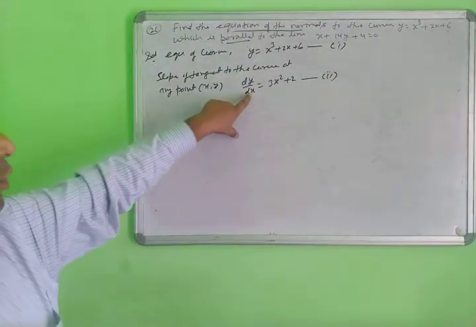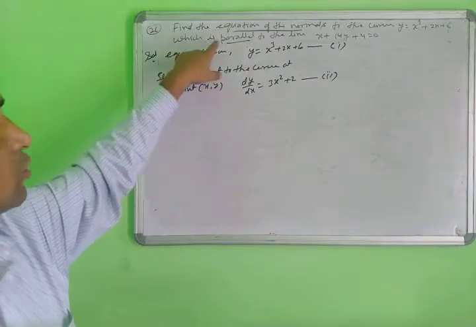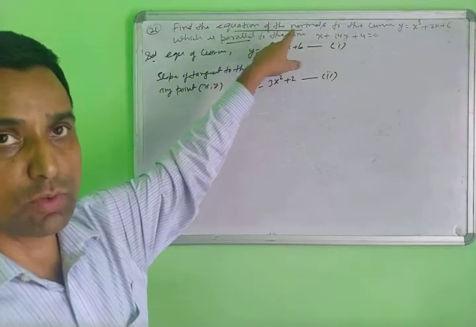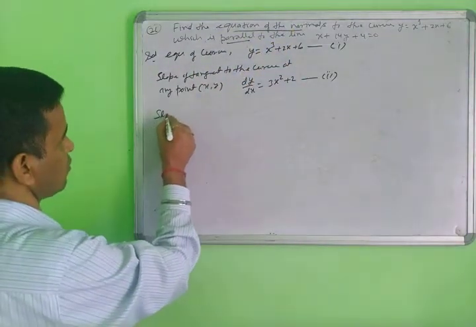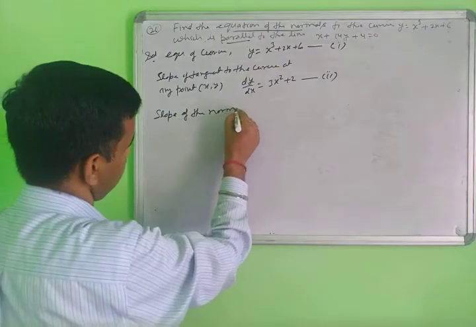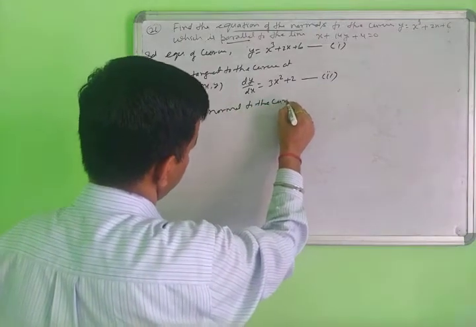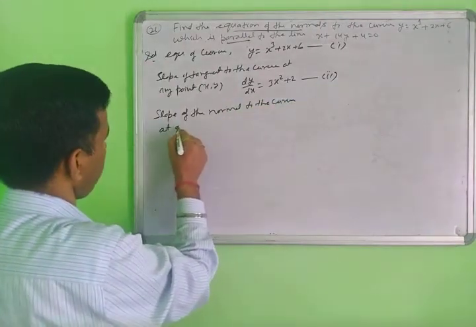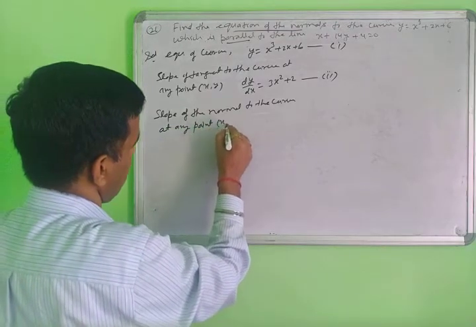Yes, you look, this is the slope of the tangent, but you will find the equation of the normal, so you require the slope of the normal. Converting, slope of the normal to the curve at any point xy.